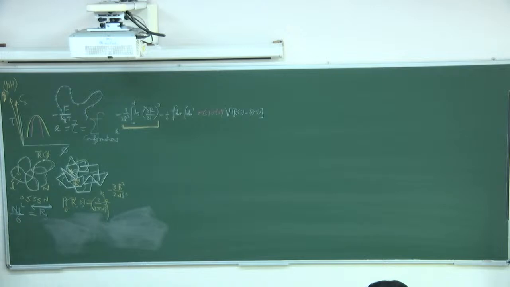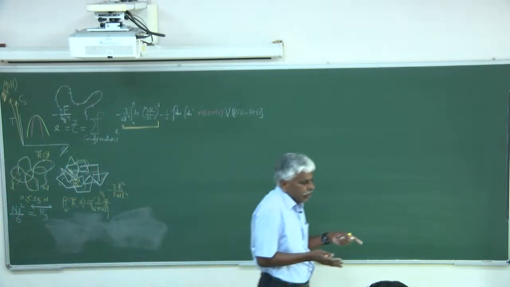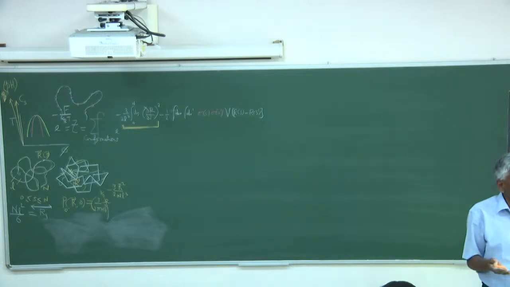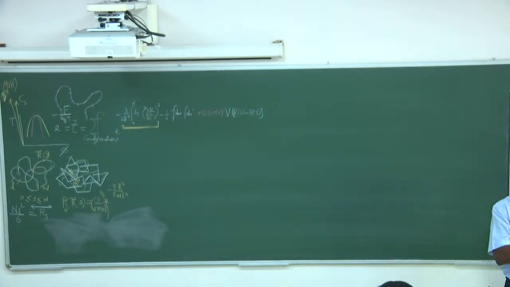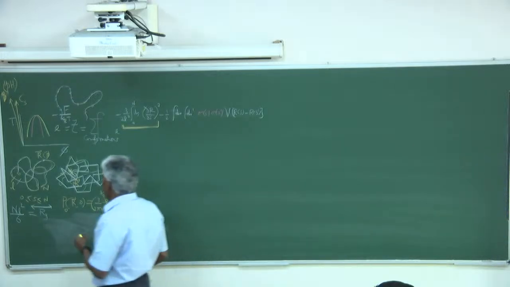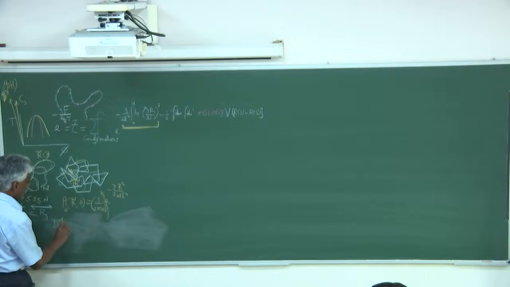Here is my sample, and here is theta, the angle at which the detector is subtended with respect to the incident beam, and k is equal to 4 pi over lambda sine theta over 2. I think I mentioned this in the last lecture. You change the angle, or depending upon the contrast, you know the wavelength, right?